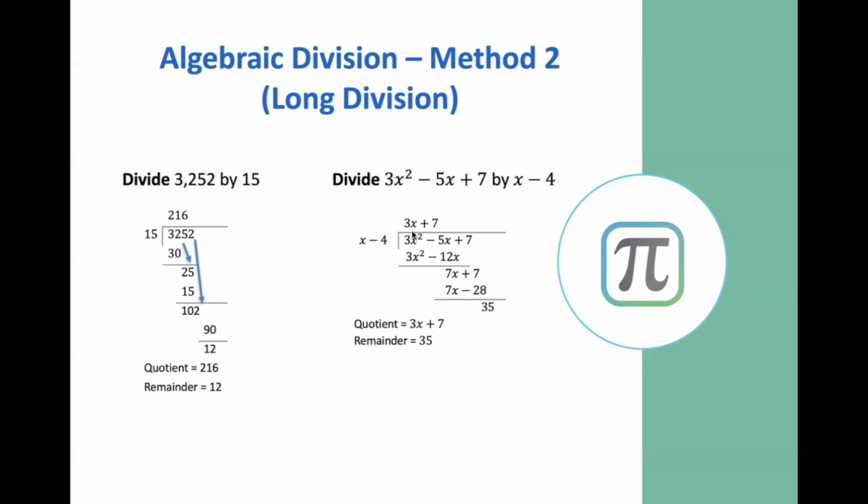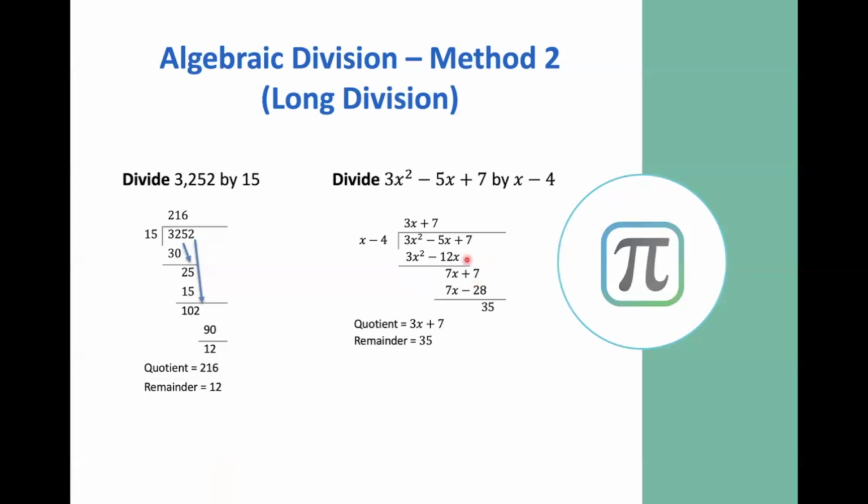So we put the 3x at the top. And if we, again, reverse that, so we have 3x times x, that gives us 3x squared. But our divisor is x minus 4. So what we have to remember to do is also multiply the 3x by the minus 4. And that gives us minus 12x. So we place the minus 12x here.